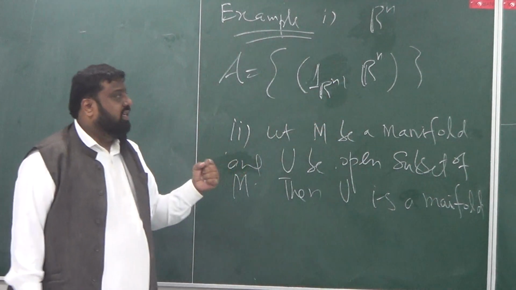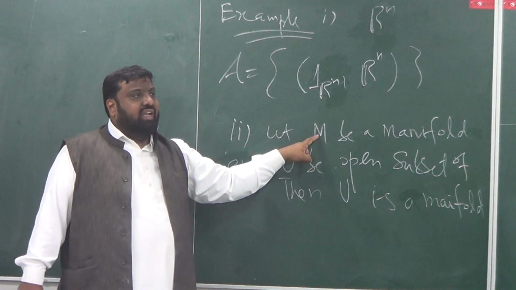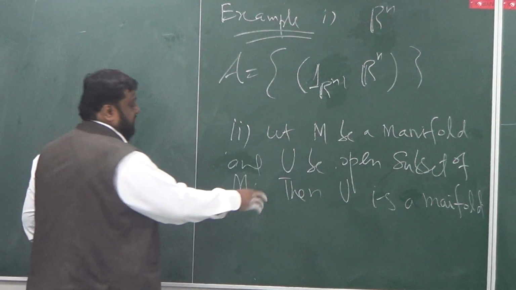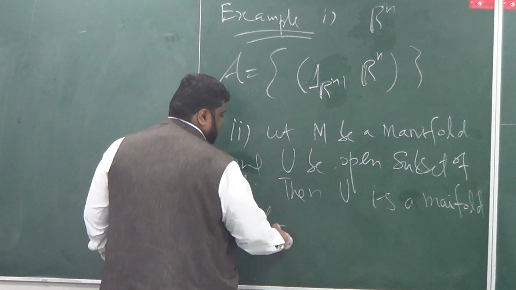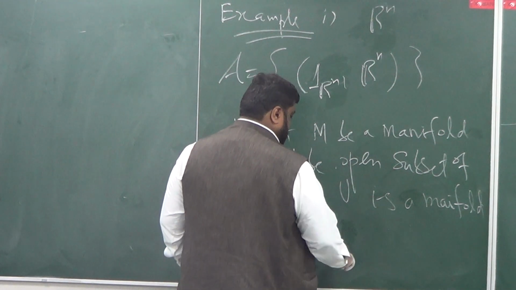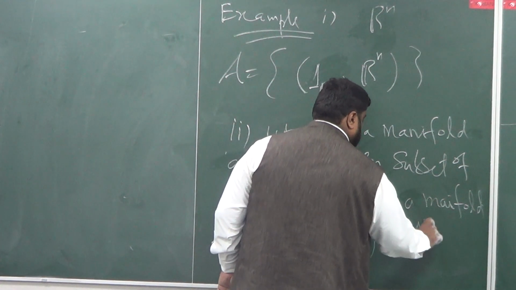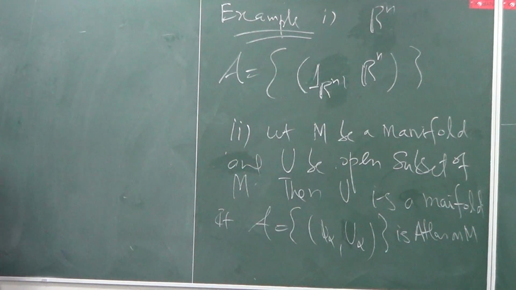So it's a topological manifold. So if I want to have an atlas from it, what should I do? I know that M is a manifold, so I can borrow the atlas from here. Think about it. So here's the thing. If A, which is phi alpha, U alpha, is an atlas on M, now give me the atlas on U.